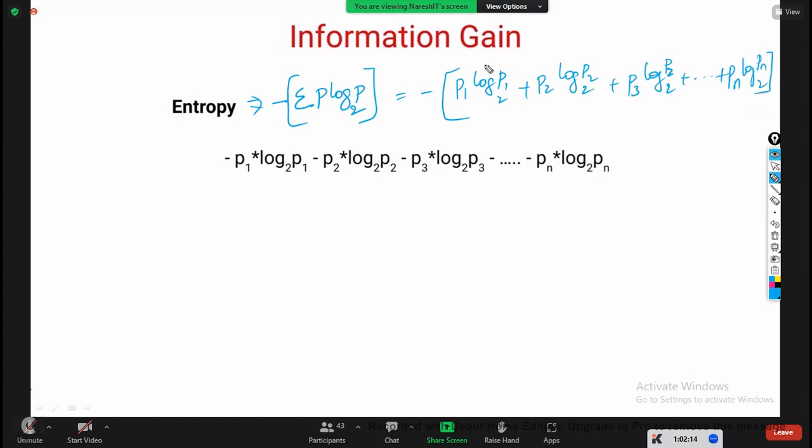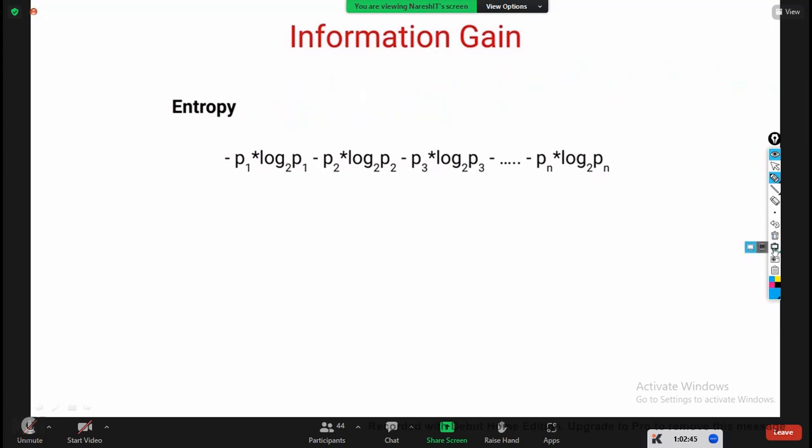Now, if you apply minus over that, it applies the minus to everything. So basically, entropy means minus of sigma of P log P to base 2. You identify the entropy first, and after that, 1 minus entropy is called the information gain.